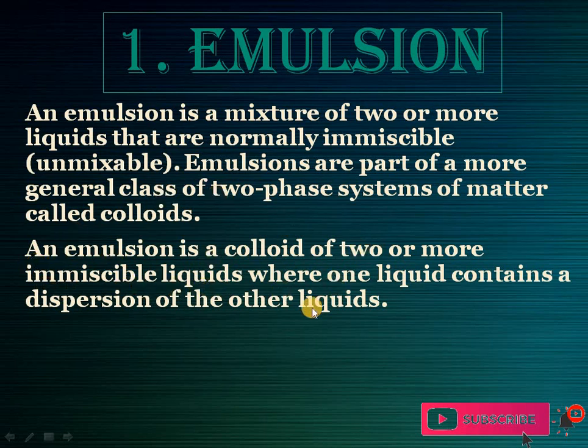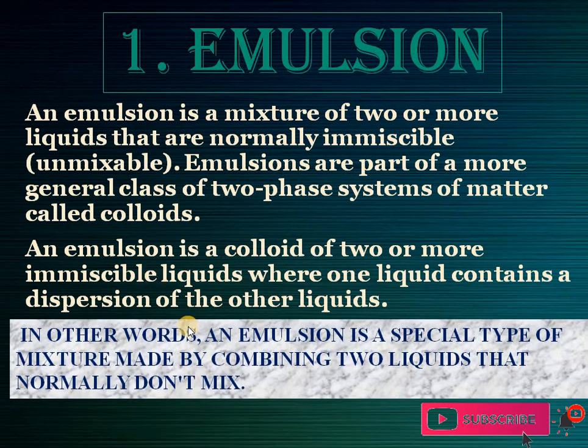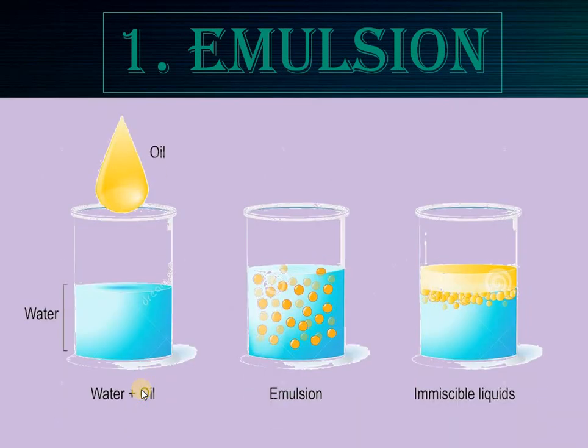So we can say that emulsion is a type of colloid in which both phases are liquids but they are not miscible with each other. Even if you blend them, still they don't mix with each other. This is the best emulsion which you can see in your kitchen in your day-to-day life: we have water and we add oil, then bubbles of oil get separated in the water and this is your emulsion.